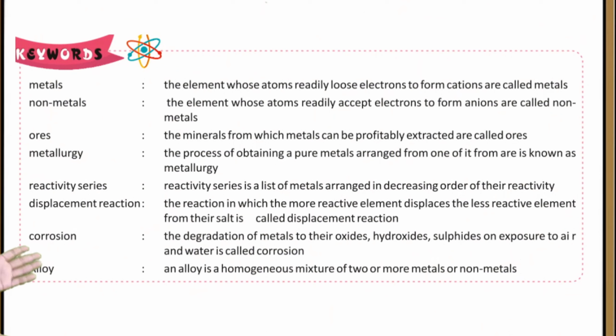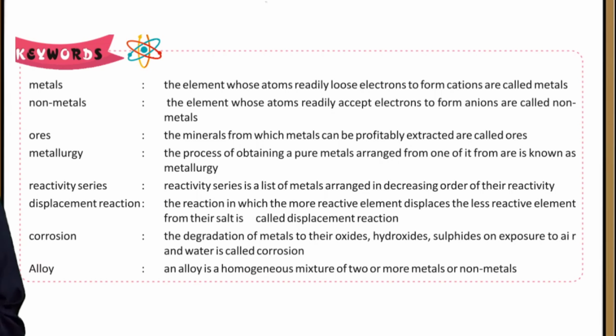So now let's see some keywords. The first is metal: the elements whose atoms readily lose electrons to form cations are called metals. Non-metals: the elements whose atoms readily accept electrons to form anions are called non-metals. Next is ores.